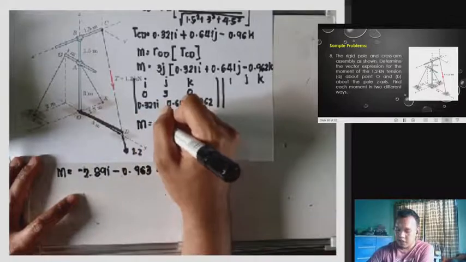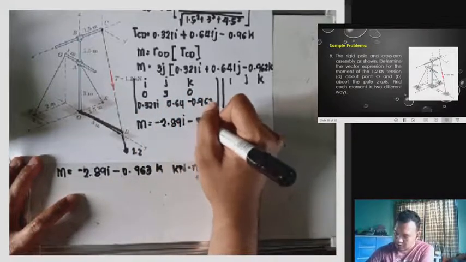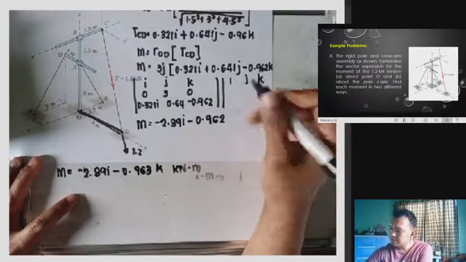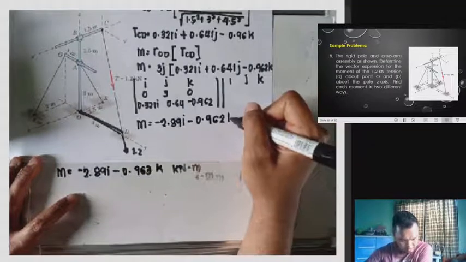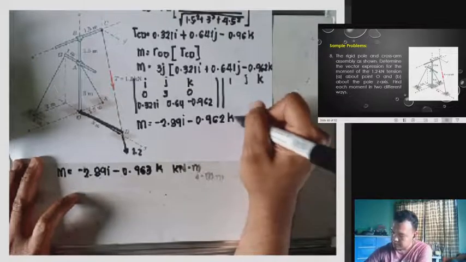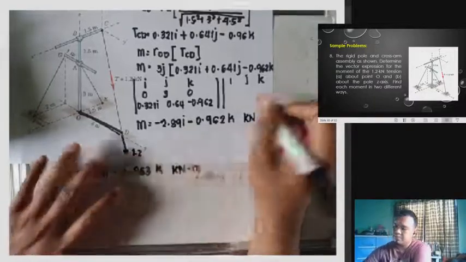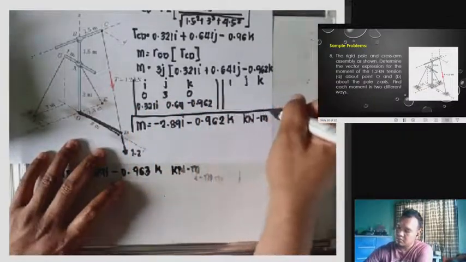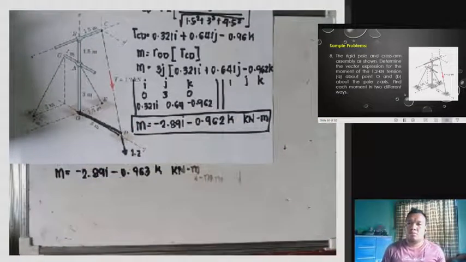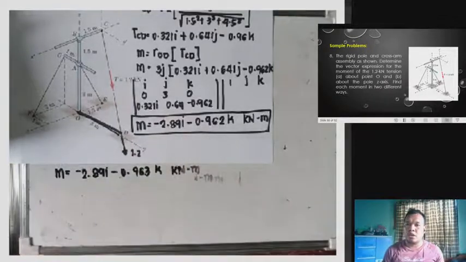Moment is equivalent kay negative 2.89i minus 0.962k in kilonewton meter. So, yan po yung moment about point O na naka-vector expression pa siya.